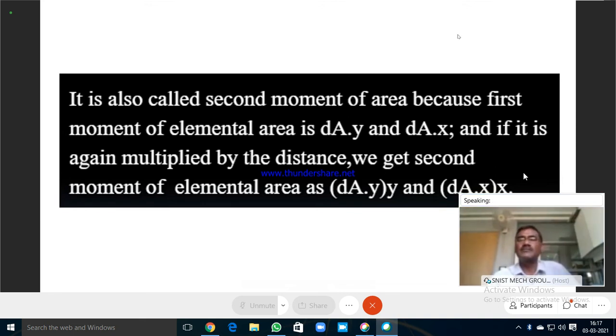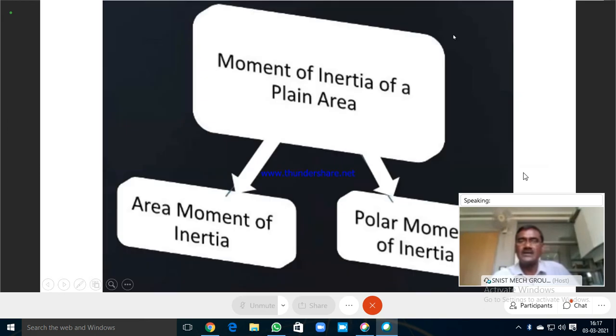Now let us proceed to the next slide, and in this you can see the moment of inertia of a plane area is of two types: area moment of inertia and polar moment of inertia. Area moment of inertia is nothing but the moment of inertia about a reference line which is in the same plane of the area. Polar moment of inertia is the moment of inertia about an axis perpendicular to the area.